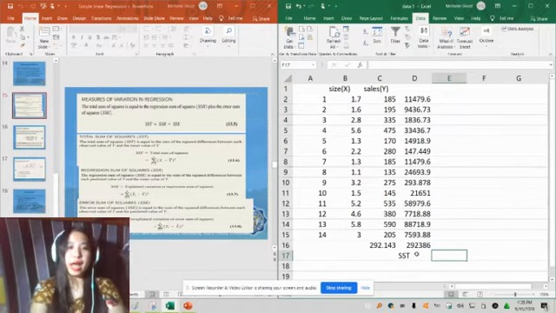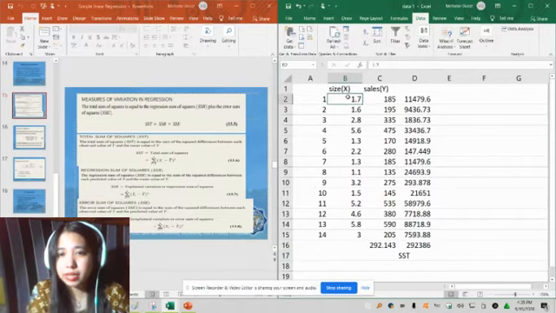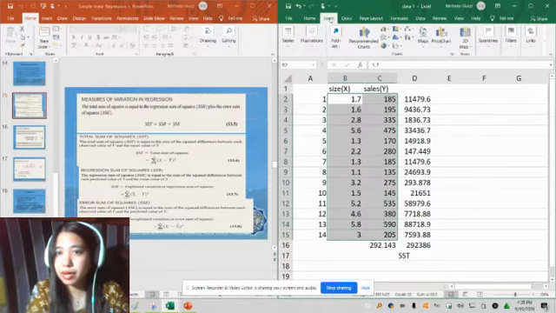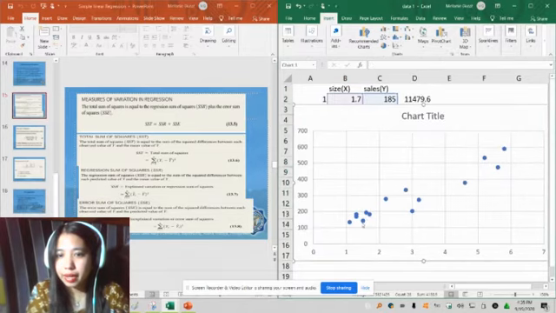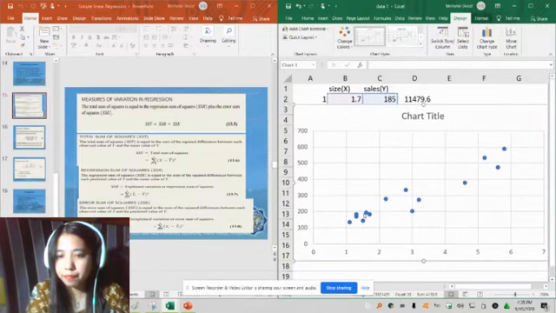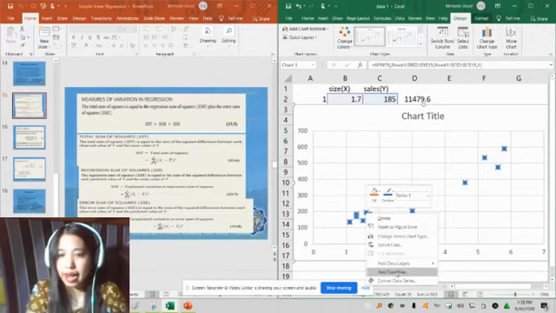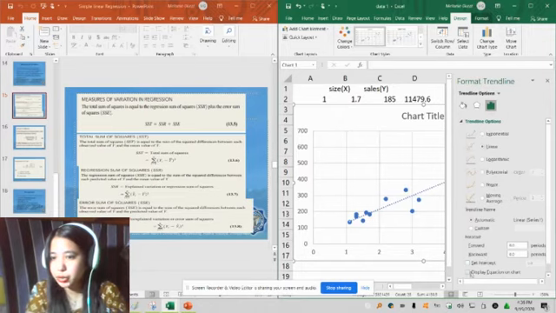Now, to get the predicted value, if you recall the formula that we obtained last time using the scatter diagram, let us generate that again. Insert scatter diagram, and our objective is just to get the linear trend line, or the formula for simple linear regression.